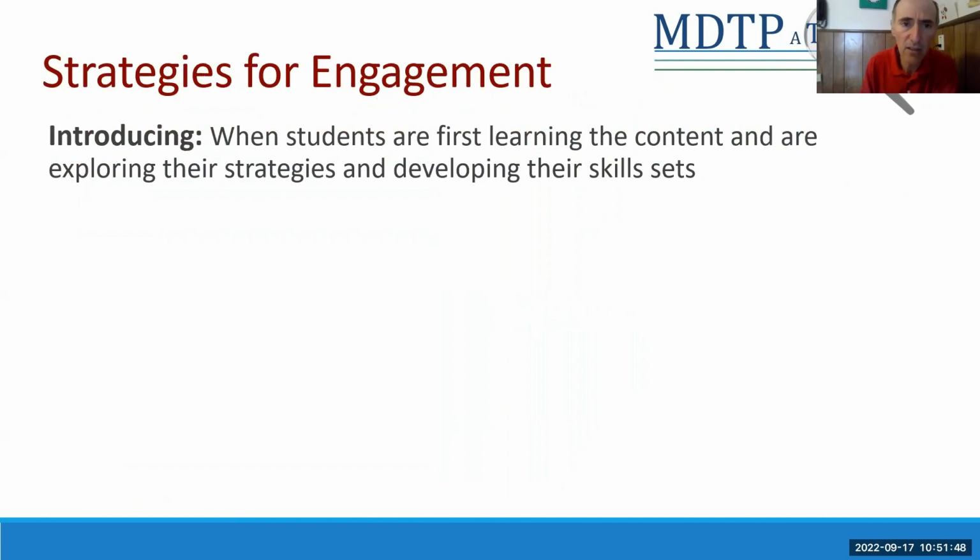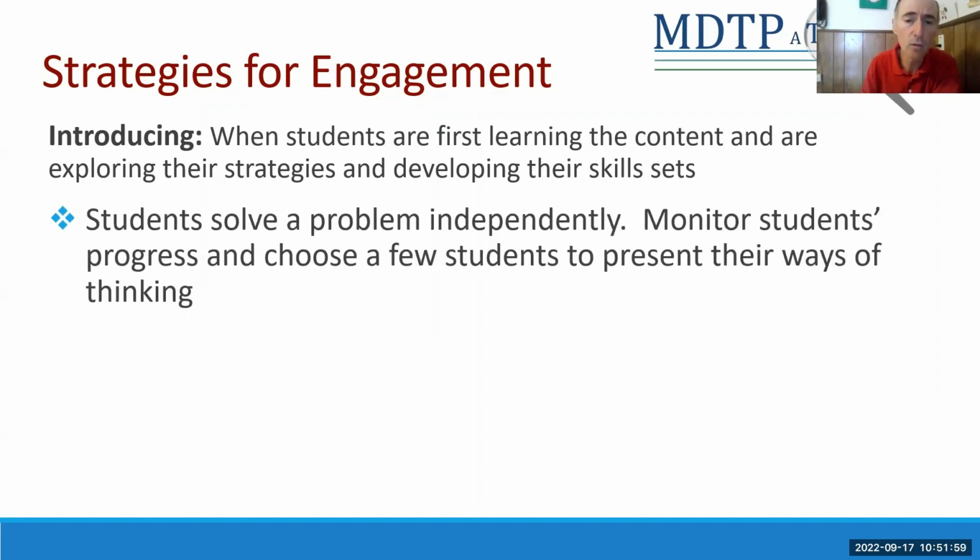And a few of the strategies for these different kinds of engagement are for introducing a concept. When students are first learning the content, what you can do is have students independently work on a problem. You should monitor what they're doing, and you can choose a few of their work to present to the class, and you should align it so that it fits with your plans.